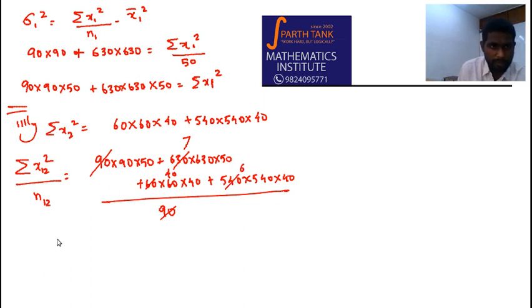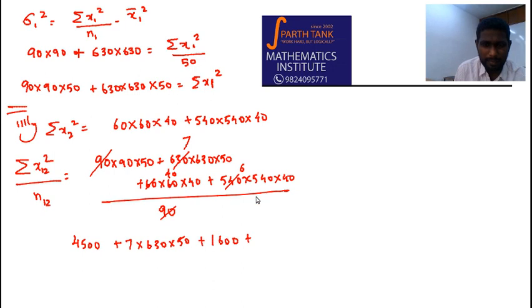Okay, so this gives me 90 into 50, so basically 4500, and then here I have 7 into 630 into 50, and then here I have 1600, and then here I have 6 into 540 into 40. Anyways, I think there is no escape beyond this point, so we'll have to evaluate them.